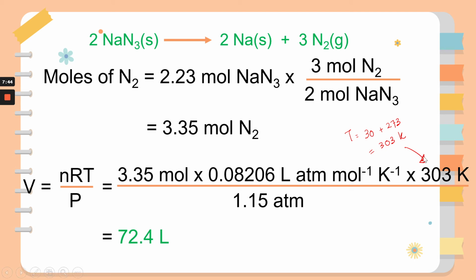Now we can substitute all the data that we have into this formula. Now we have the answer. The volume of the nitrogen gas is 72.4 liter. This is how we apply the ideal gas law to solve the problem.